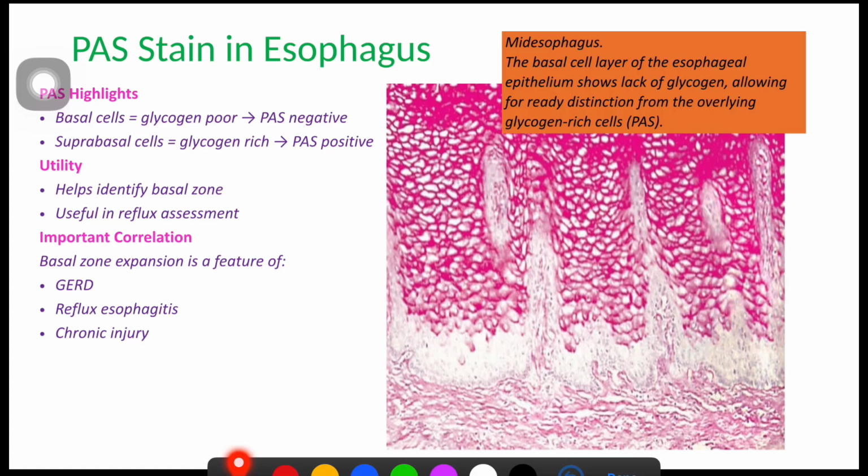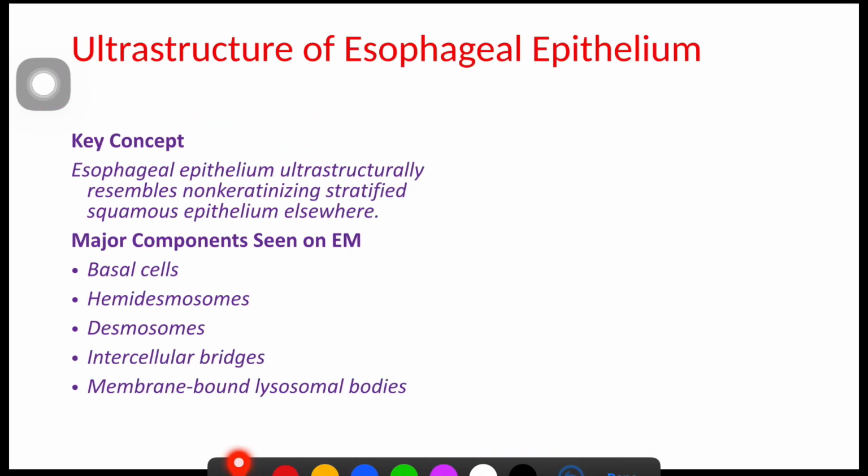When a patient has GERD, if you do PAS staining, you can identify an increased thickness of the basal cells, with the unstained portion increased in size. This basal zone expansion is a feature of GERD, reflux esophagitis and chronic injury.